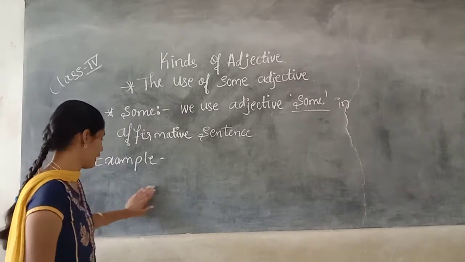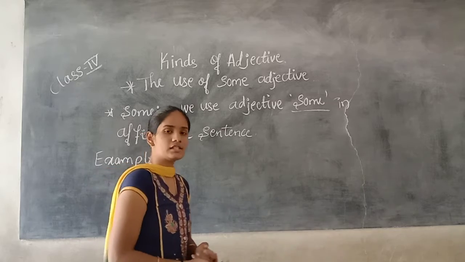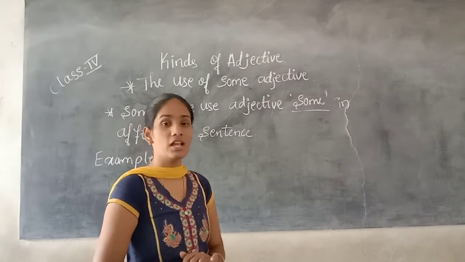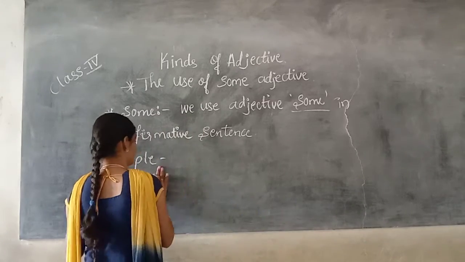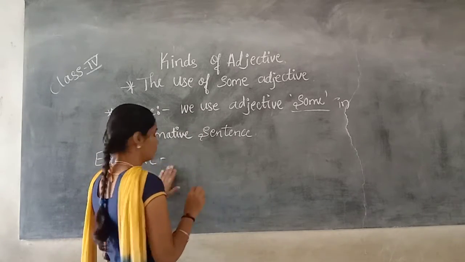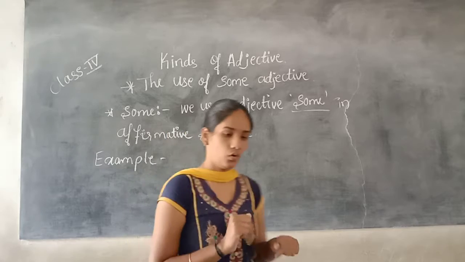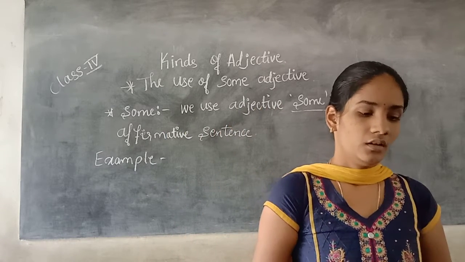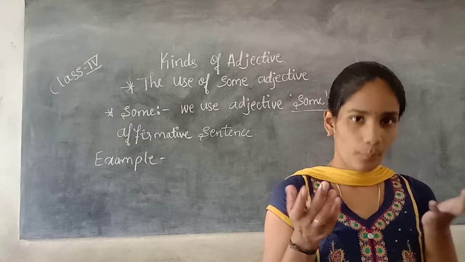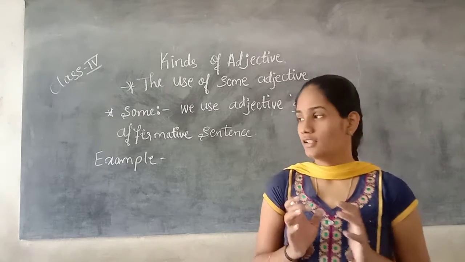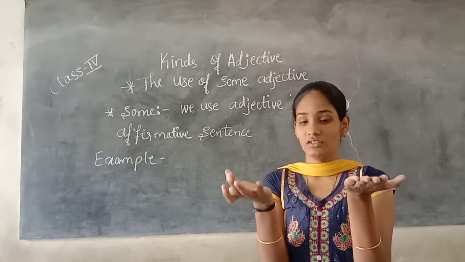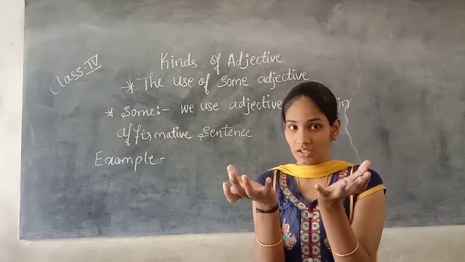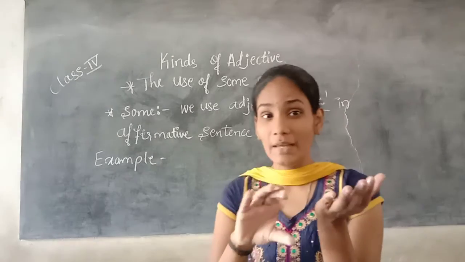See, the adjective is the word which describes a noun or pronoun. For example, let us imagine I have a pot in my hand, and in this pot there is some milk.